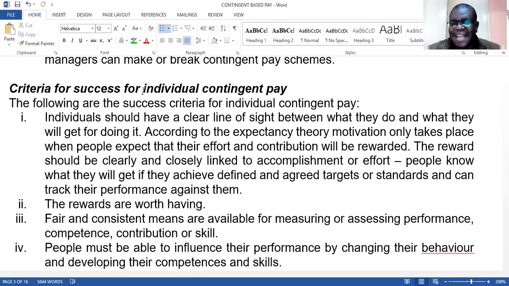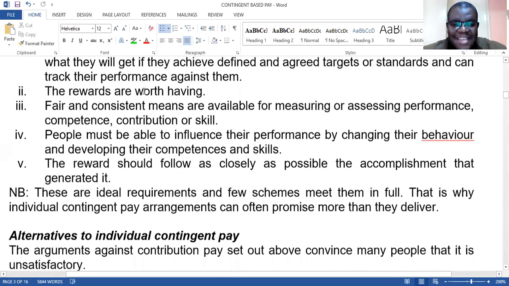That if that is assured, you know what you are doing or what is expected of you and the rewards that you will receive at the end of the period, then you are more likely to roll out a scheme that employees will embrace and it will succeed in terms of achieving its intended objectives.